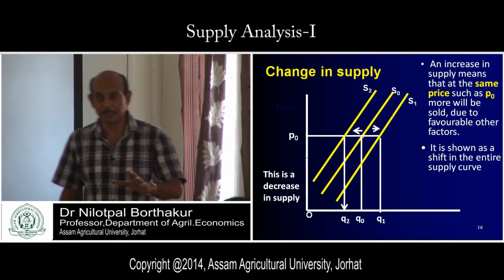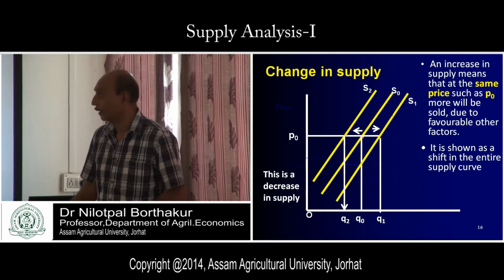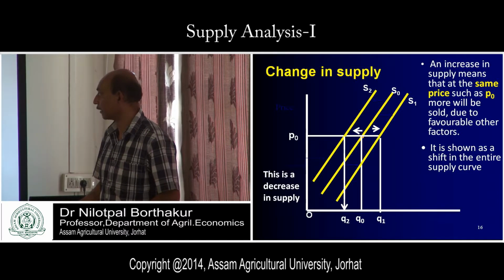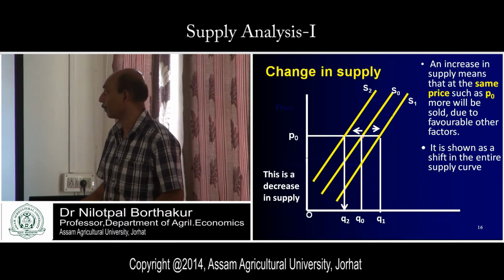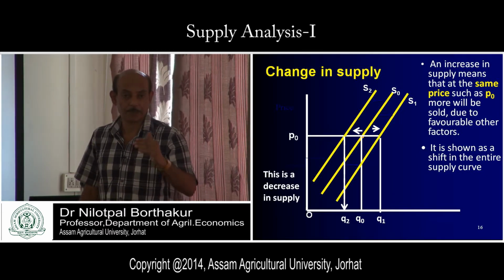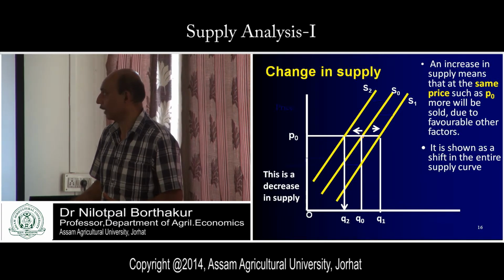There is no change in the price of the commodity. This is constant at P0, but because of favorable conditions in the market, such as improvement in technology, increase in the number of producers, or other factors affecting the supply, the supply curve is shifted to the right.